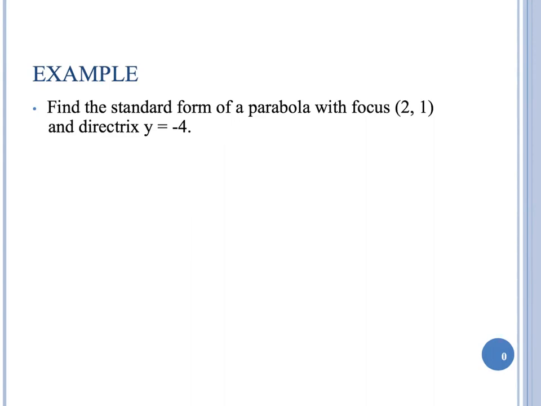So I'm actually going to change this problem a whole bunch, because we can do it, but it's got all kinds of fractions in it, and I just don't really like that. So we are going to find the standard form of a parabola, but not with a focus. It's going to have a vertex (3, 1), and we'll skip the directrix.